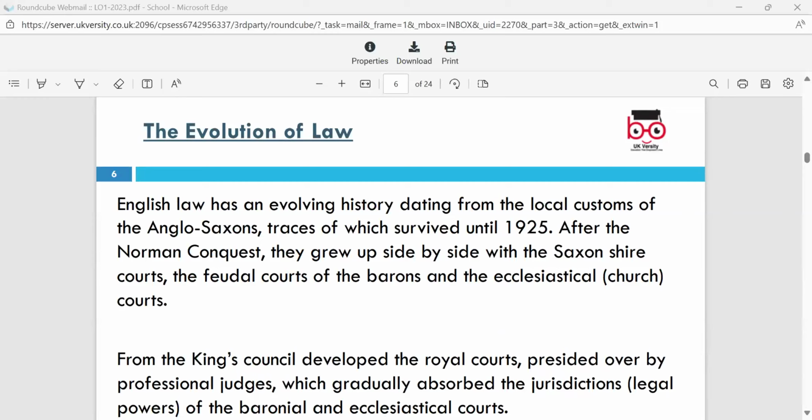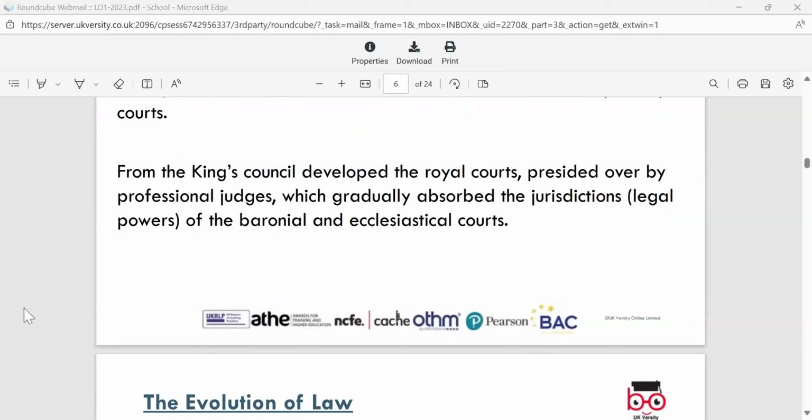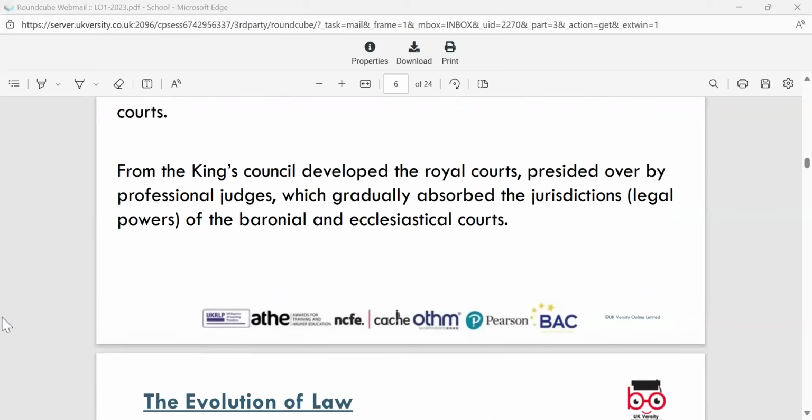It goes back to the Anglo-Saxons, where there were feudal courts in place, and they gradually absorbed and gave more powers to different types of courts. They began as unwritten constitutions, customs handed down from tribes, and people relied on customary laws to make sure everything was okay.